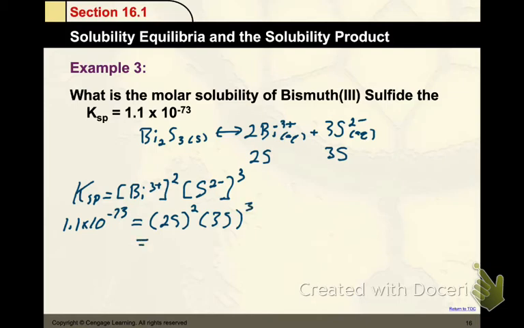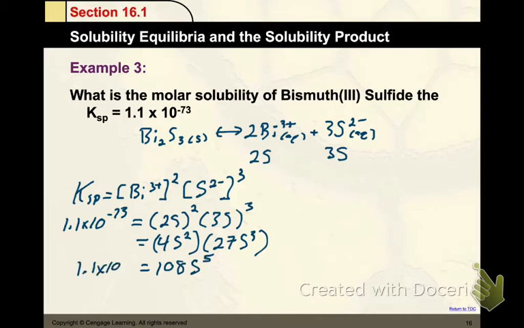So this side we're going to end up with 4s squared times 27s to the third. So let's see, that will ultimately be 108 s to the 5th equal to 1.1 times 10 to the minus 73.